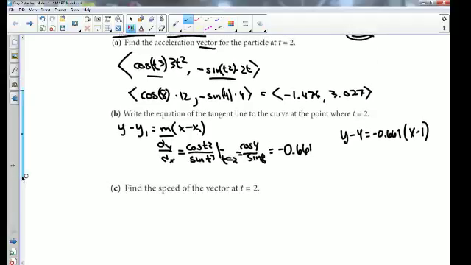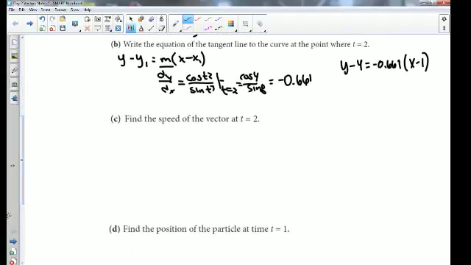All right, speed. Those are two different formulas. They use the same thing, so what is it, Wyatt? Should be square root of x prime squared plus y prime squared. Yeah, so evaluated at time 2, right?